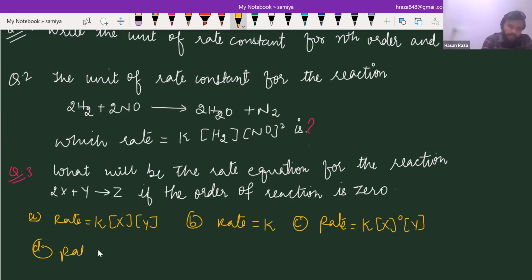Option D, rate equals to K into X into Y raised to the power 0. Please do these 3 questions.